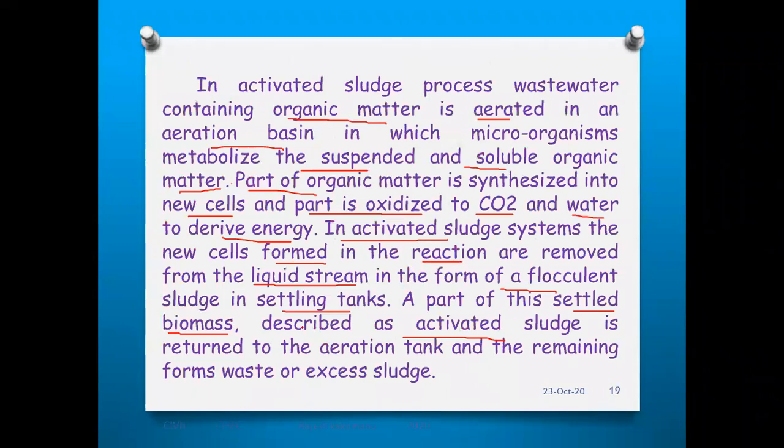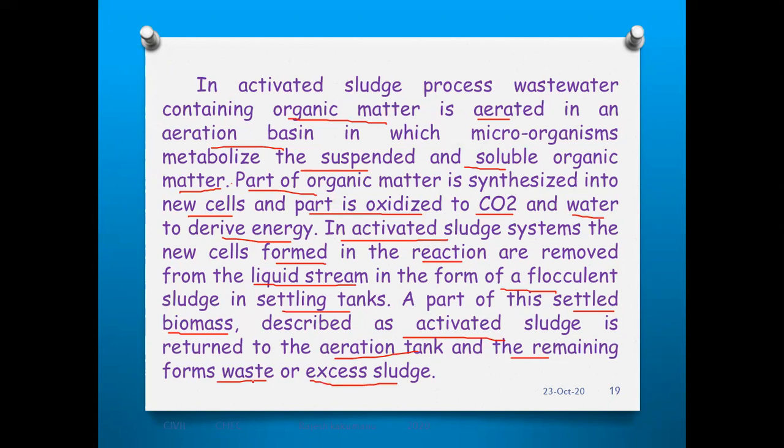A part of this settled biomass, described as activated sludge, is returned to the aeration tank and the remaining forms waste or excess sludge. So a part of this settled biomass, known as activated sludge, is returned again to the aeration tank and again gets filtered and processed.